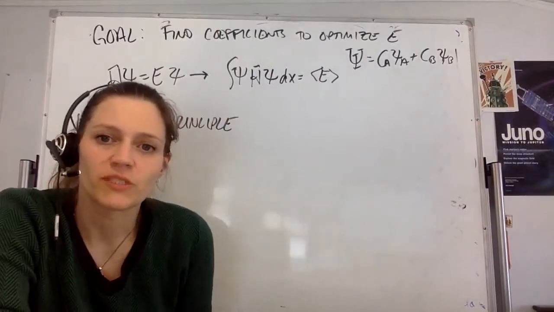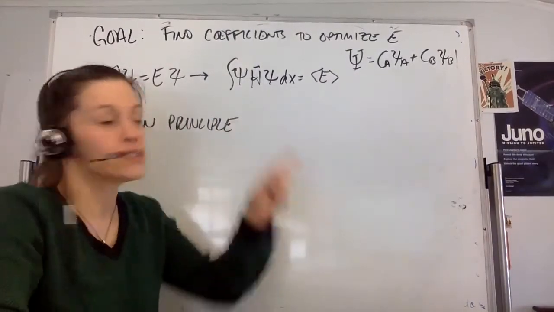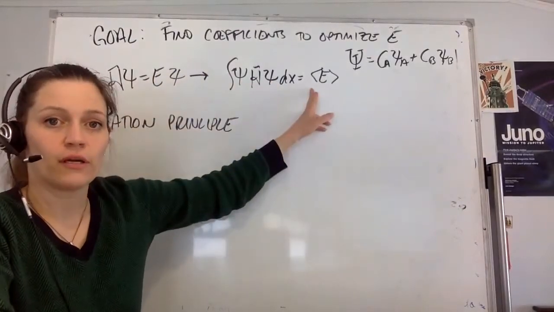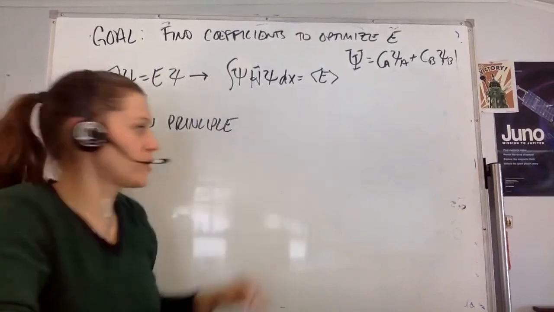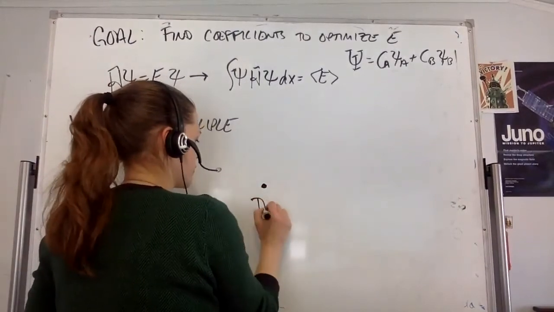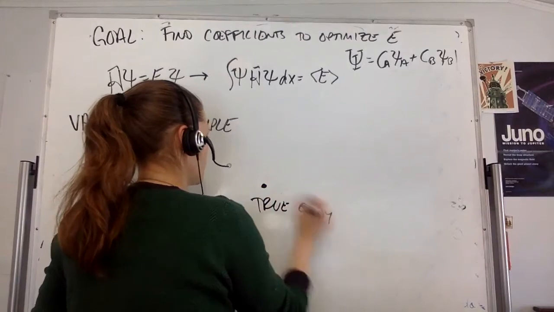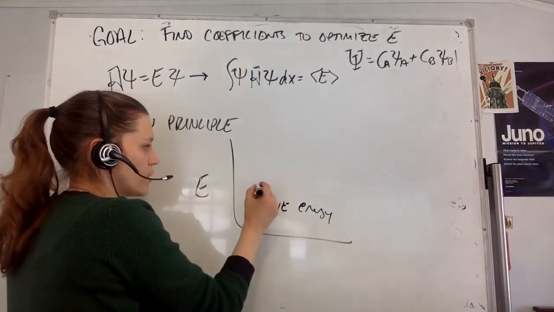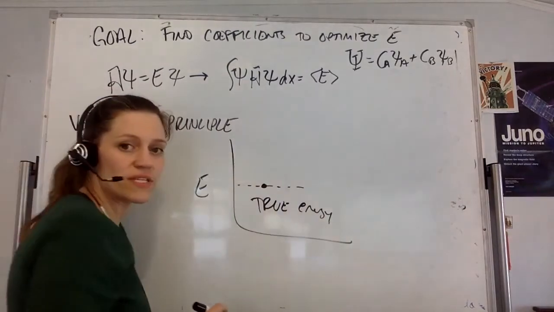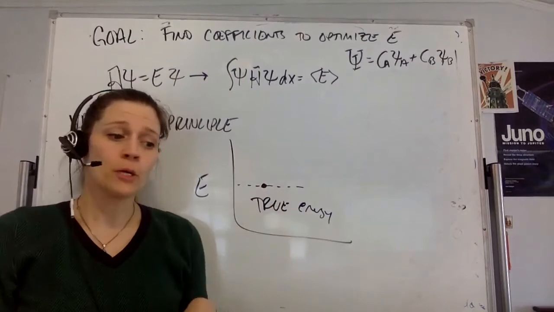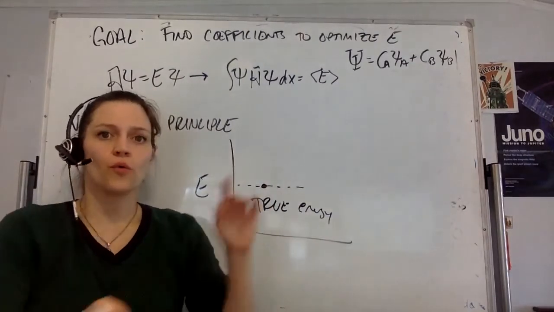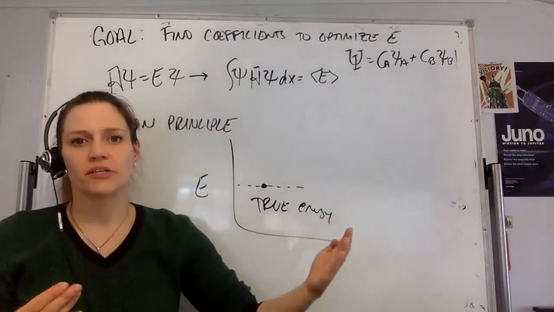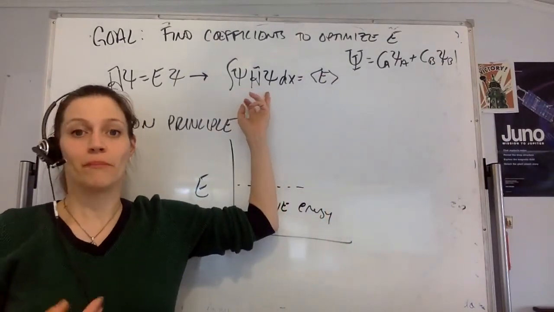The variation principle says that any arbitrary wave function that you select is always going to give you a value of the energy that is greater than the true energy. So if this is the true energy, and here's a scale of energy versus whatever coordinate, you will always have one that's above this line. That might seem a little strange, but when you're dealing with molecular orbitals, you're dealing with approximations. There's going to be some approximation that gives you a wave function that may represent the system.